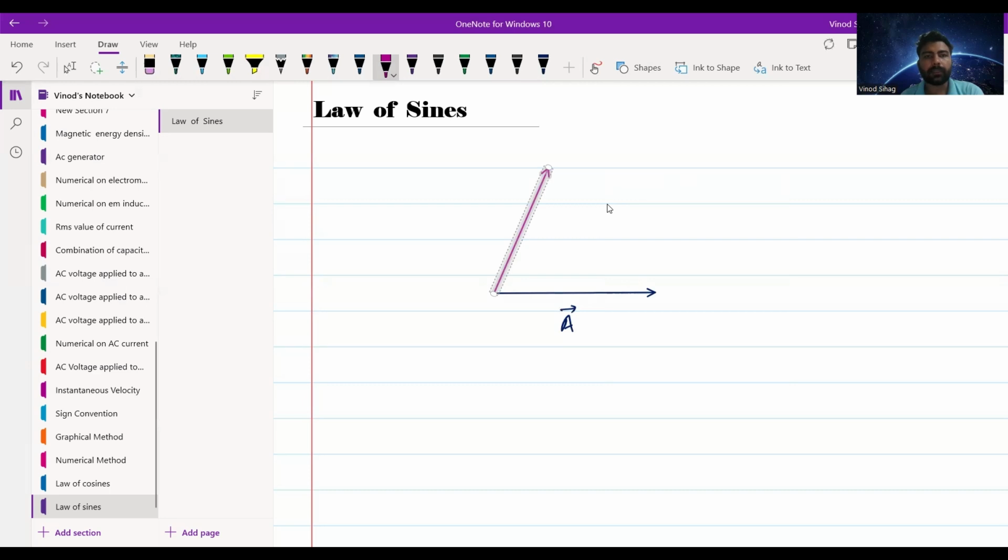And the angle between them is theta. Fine. And as per the parallelogram law of addition, the resultant vector will be nothing but the diagonal vector.